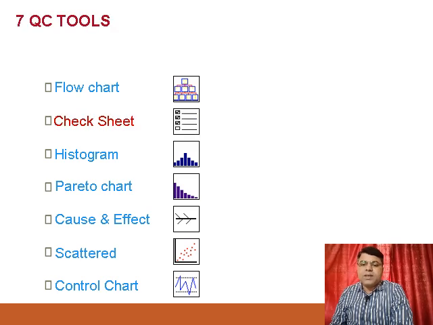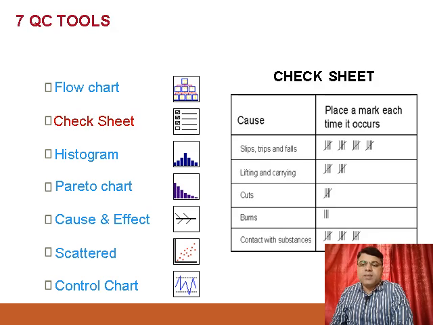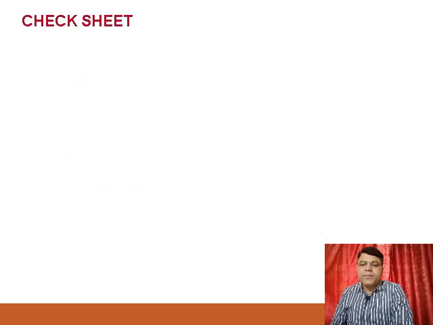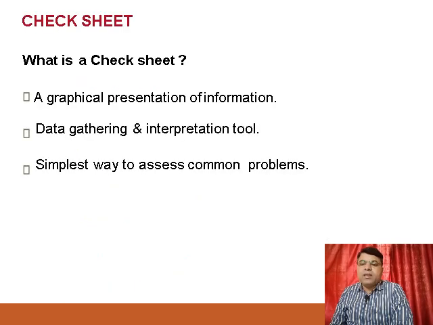Next 7QC tool is check sheet. Check sheet is the most commonly used tool for data gathering. For problem solving we require some data, and this data we can take from our processes, inspections or customer complaints. We can take this data for analyzing the problem.